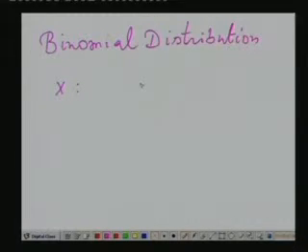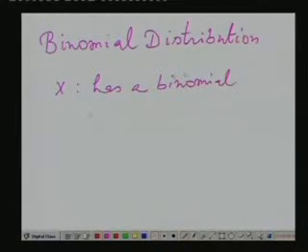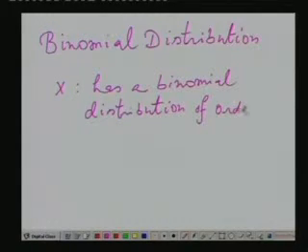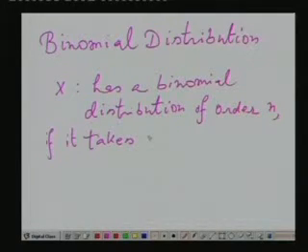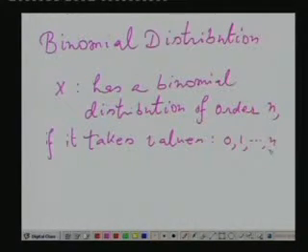We say that it has a binomial distribution if it takes the values only either 0 or 1 up to n with the corresponding probability like this.